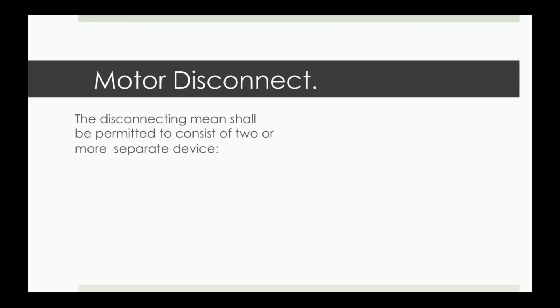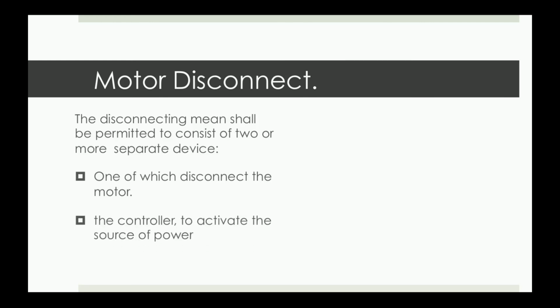Now the motor disconnect. A motor has a disconnect means. The disconnect means shall be permitted to be two separate components, right? The one to disconnect the motor, and the other, which is a controller, to deactivate the source of power.